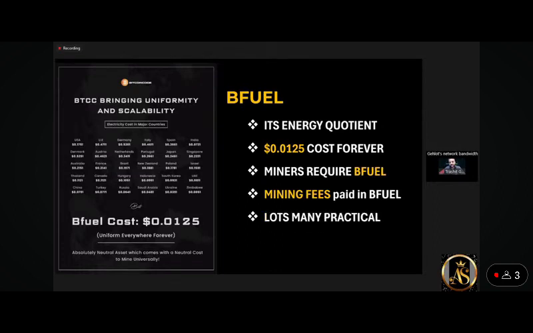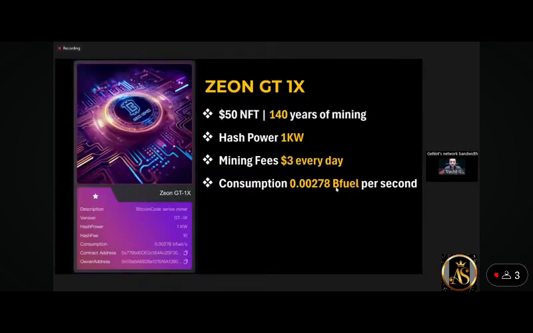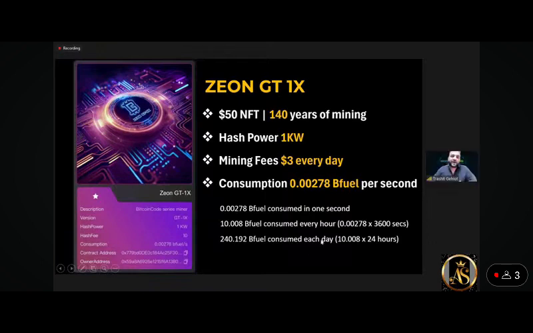So each NFT has its own consumption power in terms of biofuel. If we convert it to dollars, the biofuel consumed by an NFT multiplied by 0.00125 gives us almost $3 every day. So that means a $50 NFT when plugged into the mining facility is going to cost us $3 every day, right?